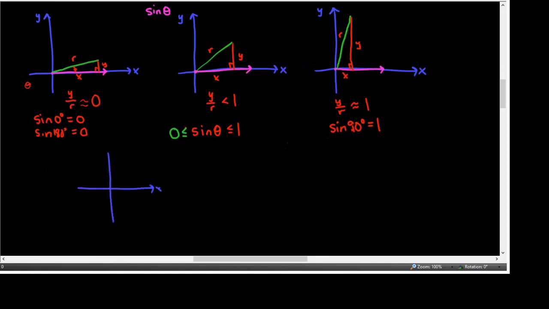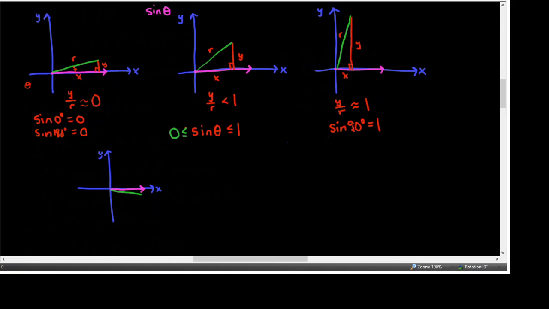Okay, so let's say we're in the third or fourth quadrant, and it won't matter which one I draw this in. So if you don't mind, I'm going to use the fourth quadrant, since it doesn't matter. Let's say we're almost all the way around to 360 degrees.